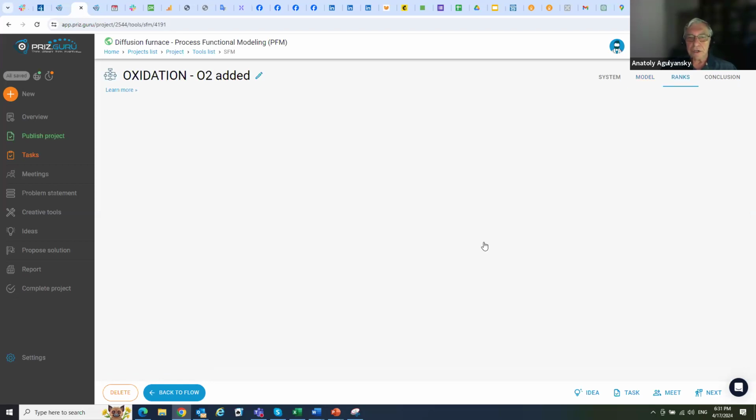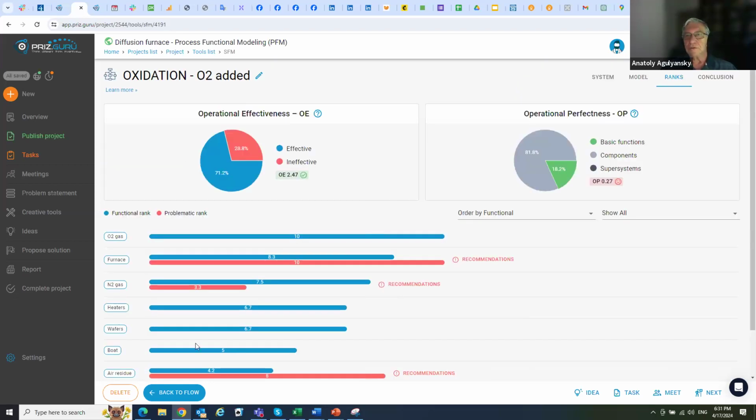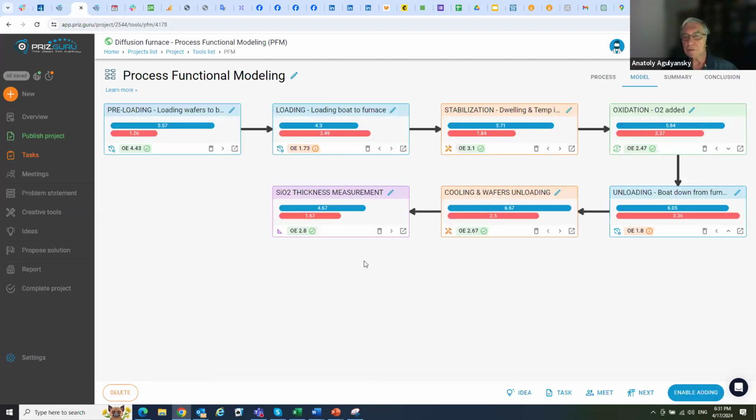And here we can have a look, but let's have a look at the whole process. This is operational merit.